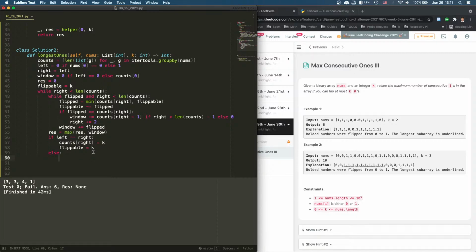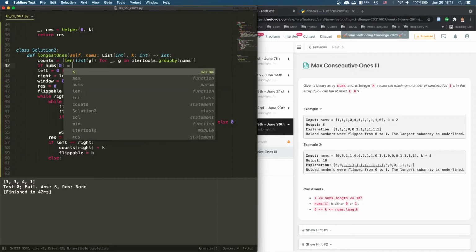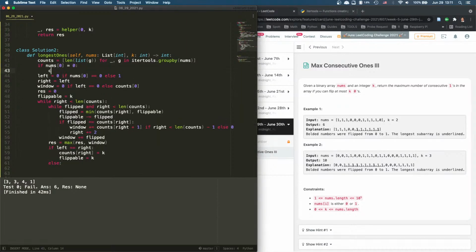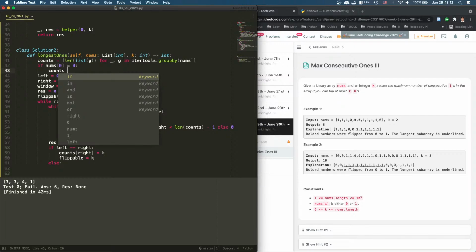In that case, I think it will be better if counts is this, and then we say if nums 0 is 0, then counts... I'll add a dummy.